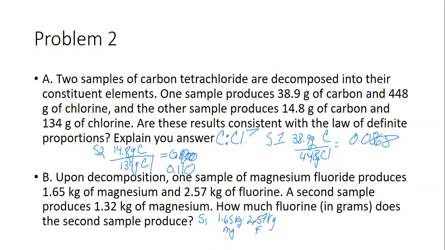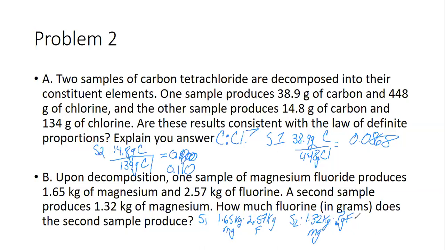Now, second sample, we are going to say that this is magnesium fluoride. And you have sample 2, 1.32 kilograms of magnesium. And the question is, how many kilograms of fluorine?